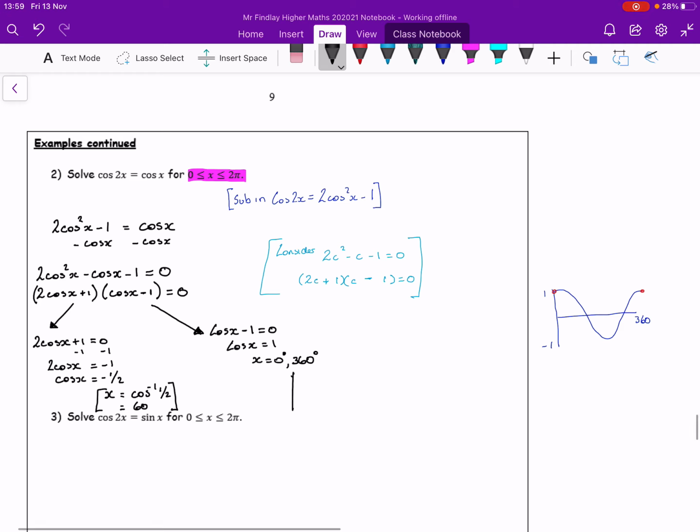Very tight for space here. But my CAST diagram, between 0, 180 and 360. Again, my key line is this line here.